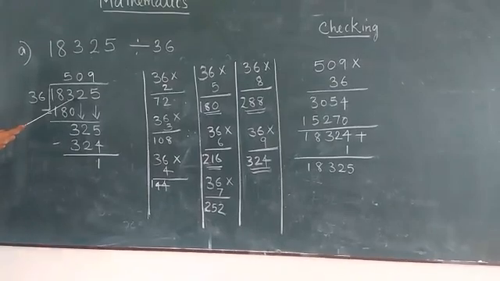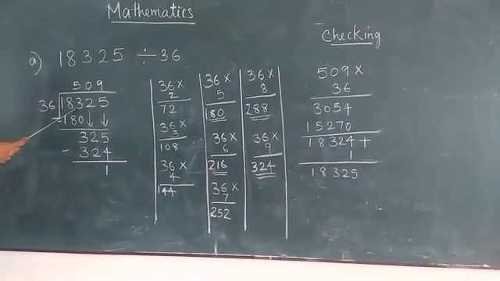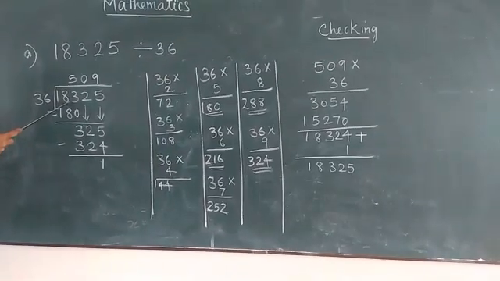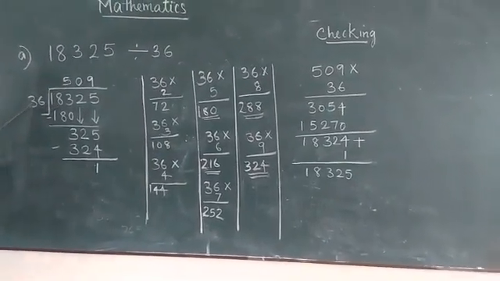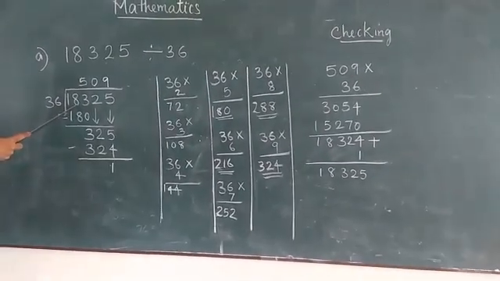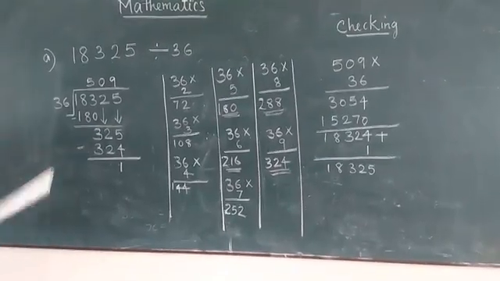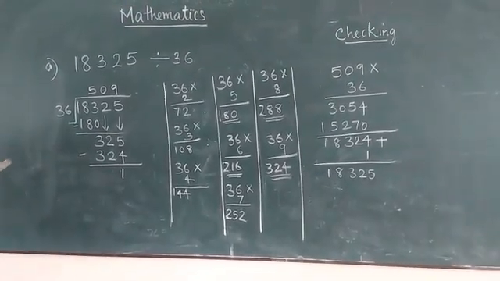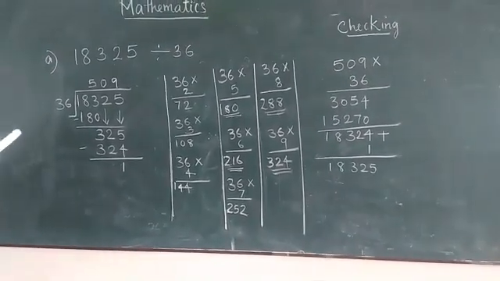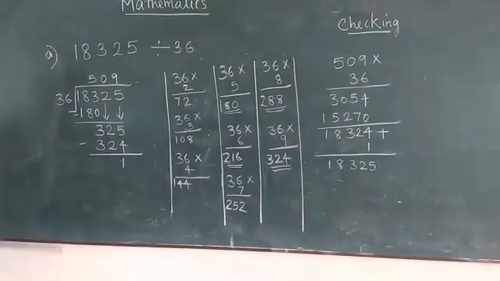Next digit 3. Then what will this number be? 183. Then we check how many times 36 will go into 183. Now we can use the multiplication facts we wrote there. Which multiplication fact is nearer to 183?